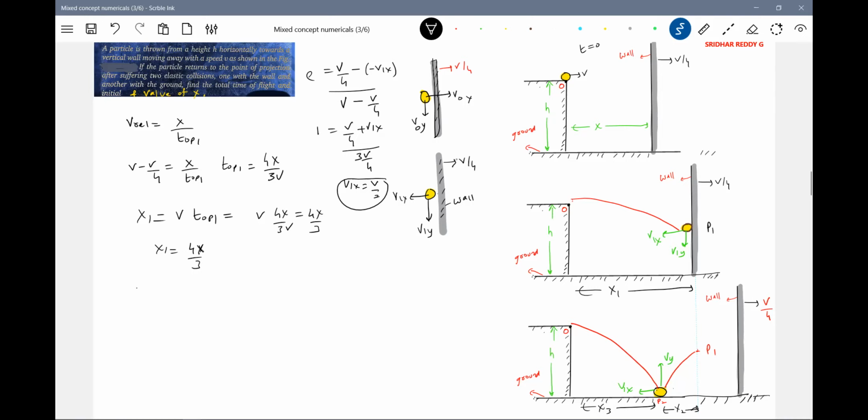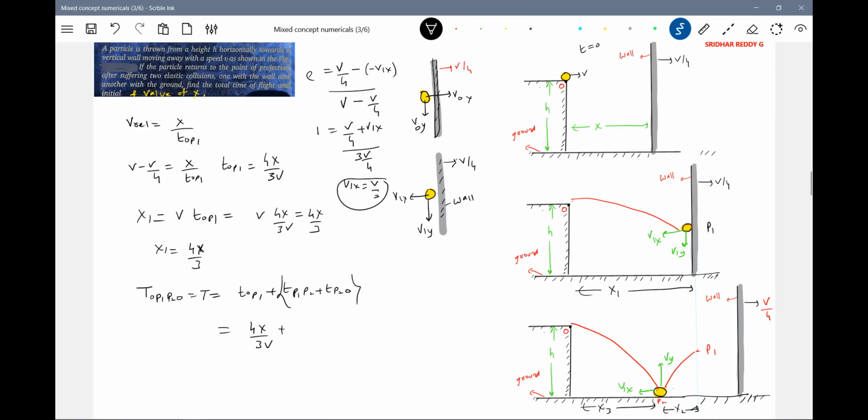So I'll break up this one. Total time of flight, T, O, P1, P2, O. I'll write this: it should be equal to TOP1 plus TP1P2 plus TP2O. TOP1 we wrote as 4x by 3v, plus TP1P2.